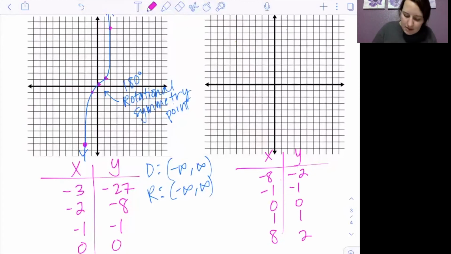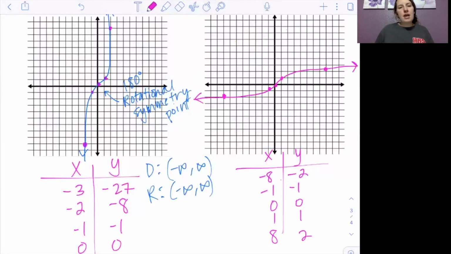So if I were to plot these points on my coordinate grid, I get -8, -2, -1, -1, 0, 0, 1, 1, and 8, 2. Once again, this is going to come in, do a little jig, and go that way.